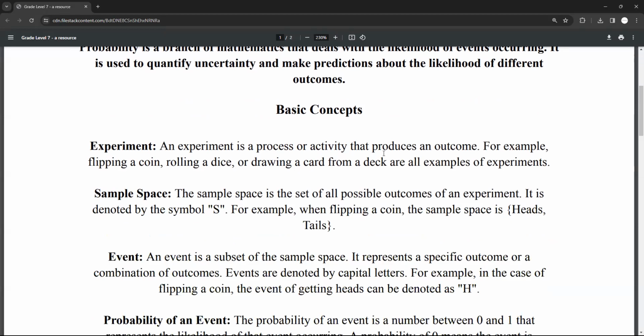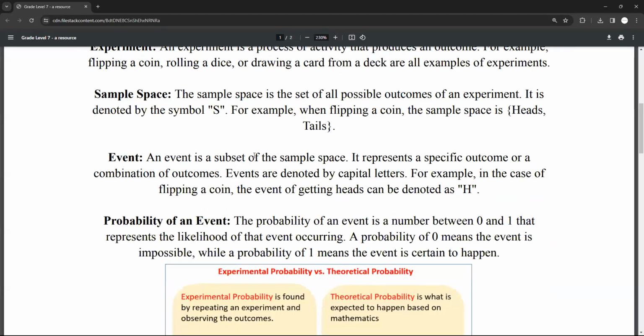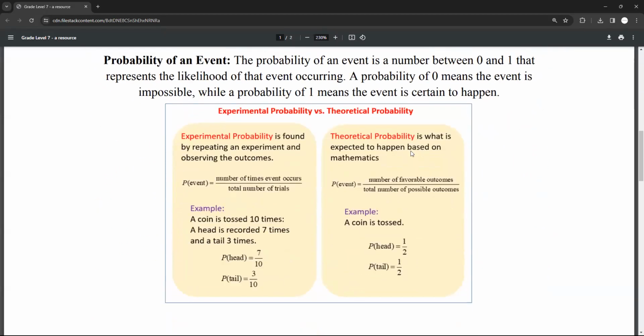An experiment is the process or activity that produces an outcome. Theoretical probability is the chance that something will likely happen. Experimental is how much did it happen by actually doing the experiment.